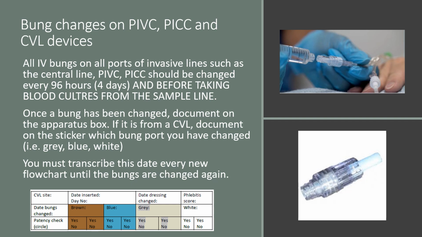So each time we change a bung, we write the date that the bung was changed on whatever line it is, and we keep transcribing that until the device is either removed or we change the bung again. So we should keep transcribing it with the date that it was last changed until the next time it's changed again.